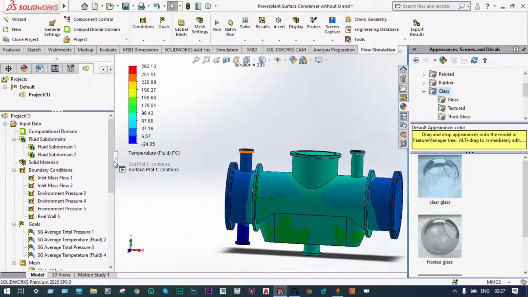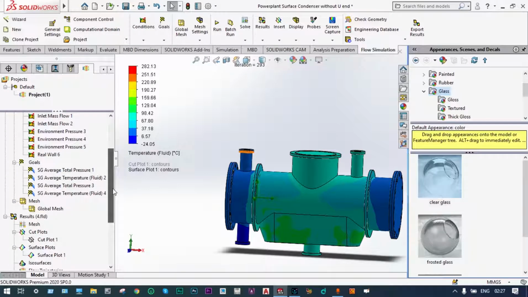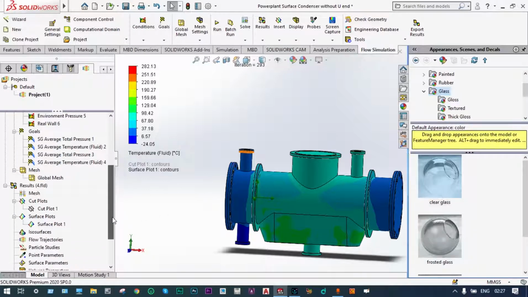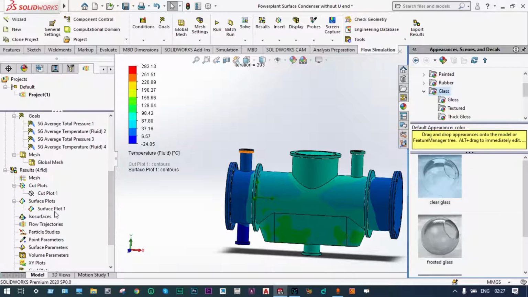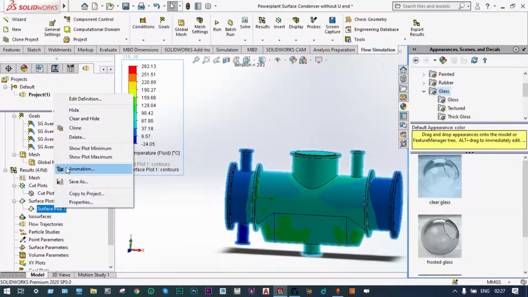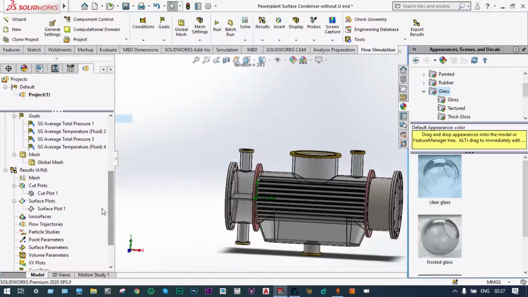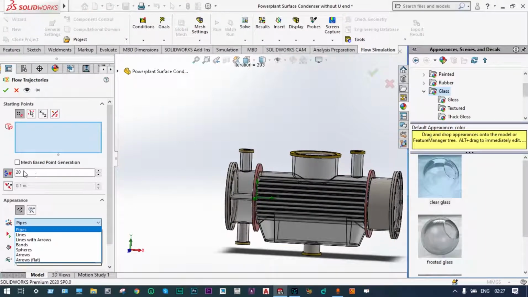Okay. Next one, we'll see the dynamics of these flow particles inside this shell. So we should go for flow trajectories. Before that, we should clear and hide this part. Flow trajectories, insert, and here instead of 20 numbers we want to see more numbers.